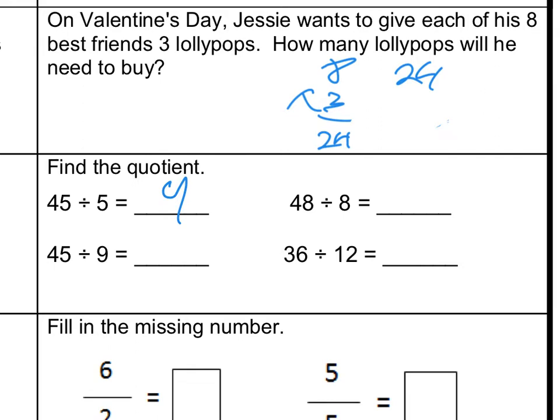So you do that, and that'd be 5. On this one, it says 36 divided by 12. When you do that, you see how many times 12 can add up into 36, which should be 3. And 48 divided by 8, that would be 6, because 6 times 8 equals 48.